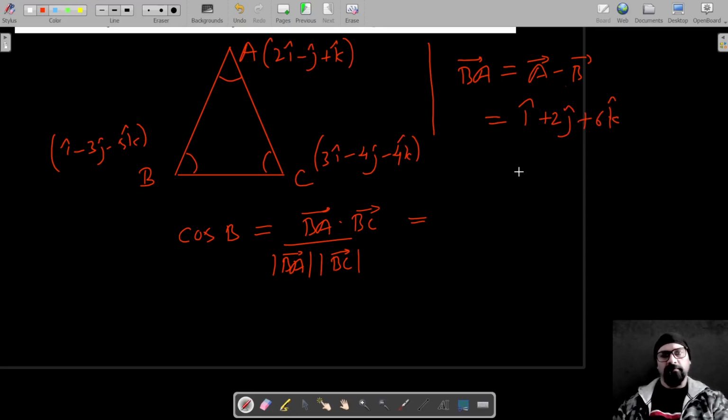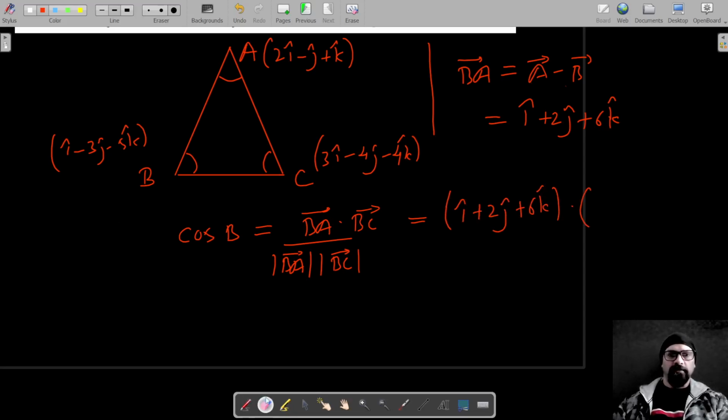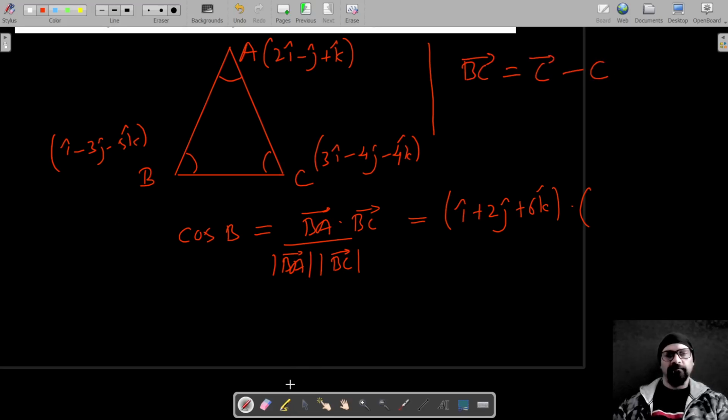So this is i cap plus 2j plus 6k. And similarly find vector BC, which would be position vector C minus position vector B.